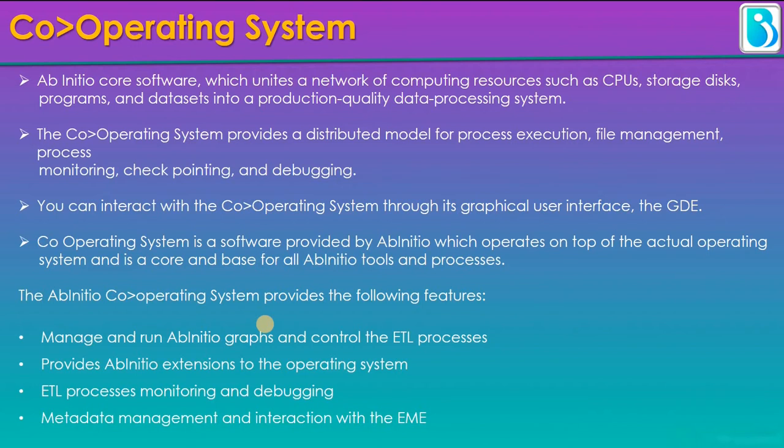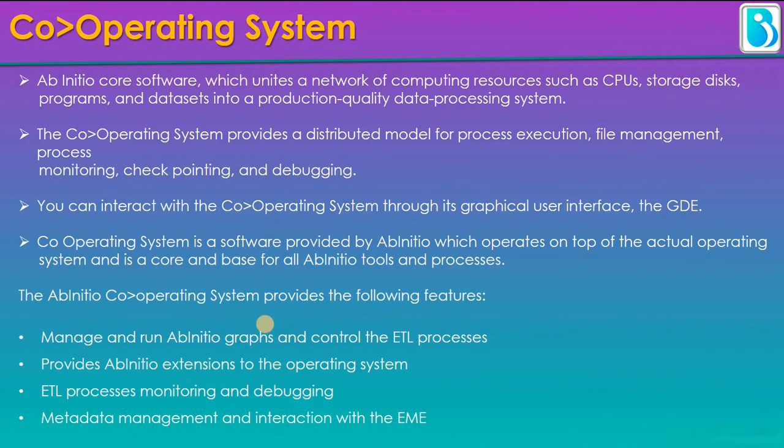Co-operating system. The Ab Initio Co-operating System is the Ab Initio core software, and it is also the foundation for Ab Initio. A co-operating system unites a network of computing resources such as CPUs, storage, disks, programs, and datasets into a production quality data processing system.